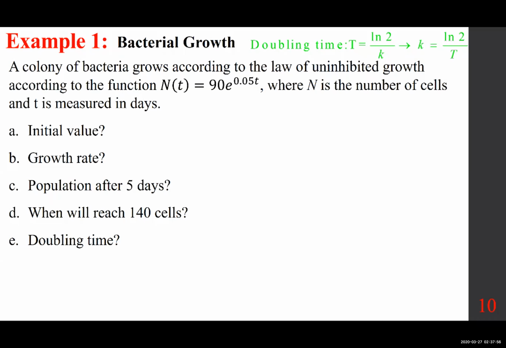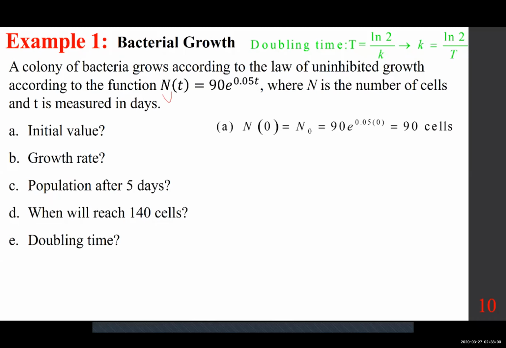No, remember, one way to write this is N of t equals N sub 0 e to the power of, let's say, kt. So N sub 0 is simply 90.